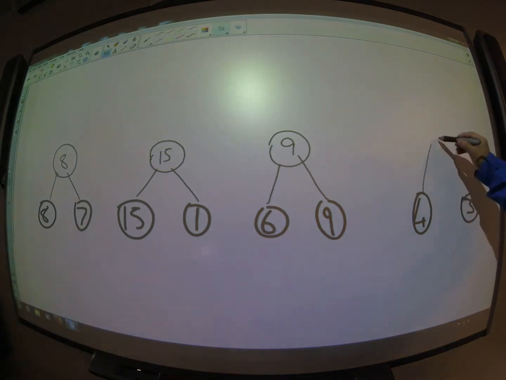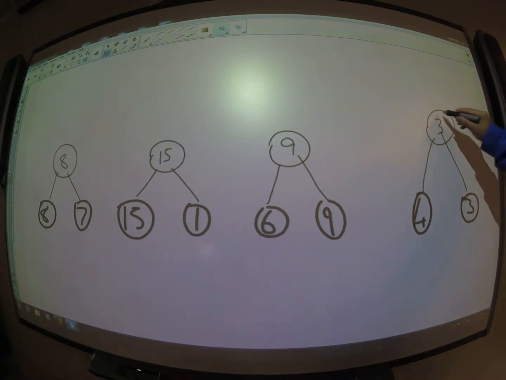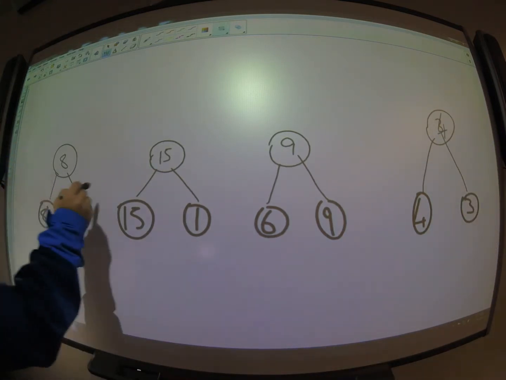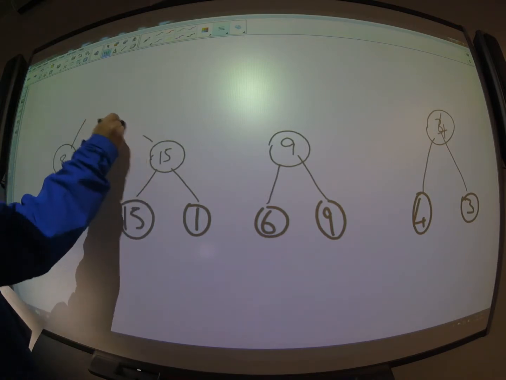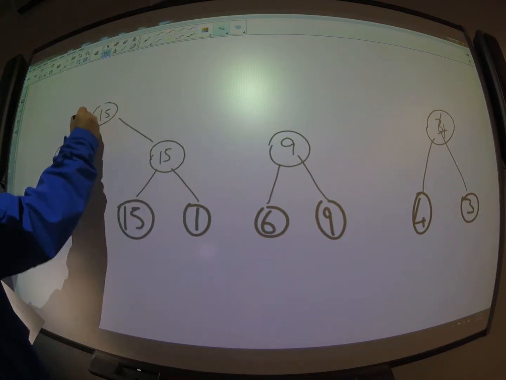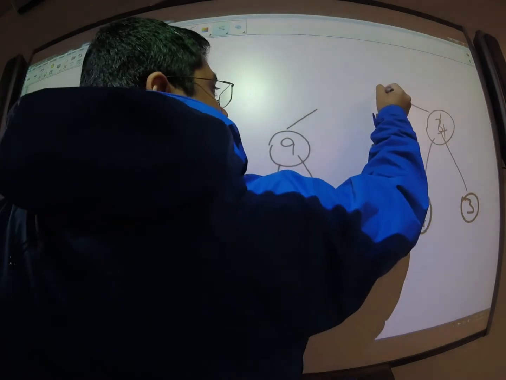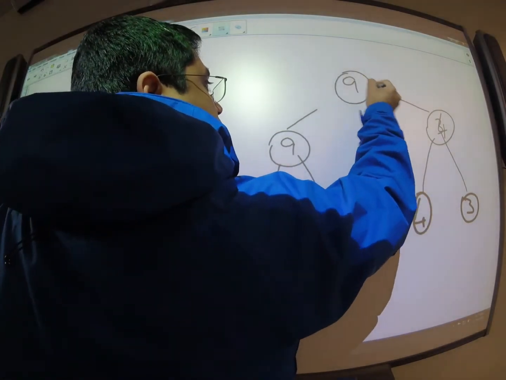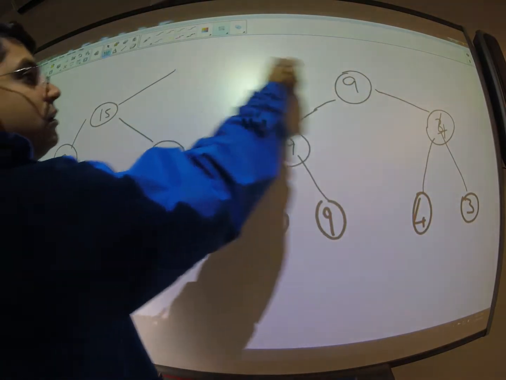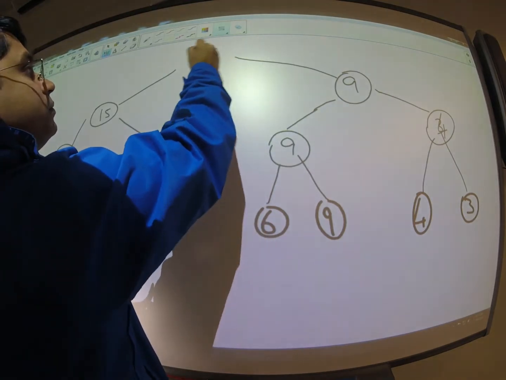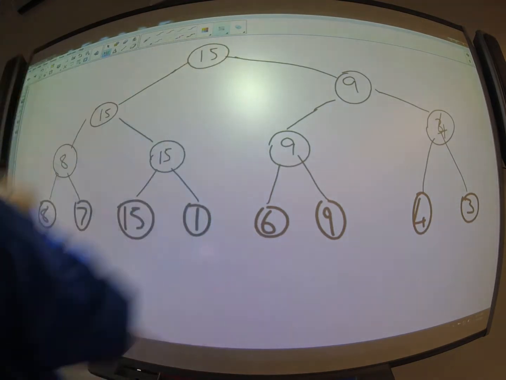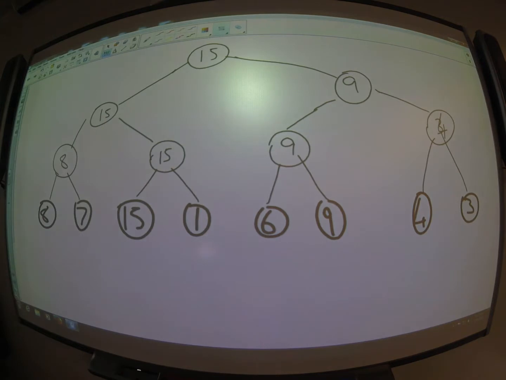And 4 and 3, 4. And then on the second level, I will compare the winners. And here I have the winner. So I know what is the maximum of all.